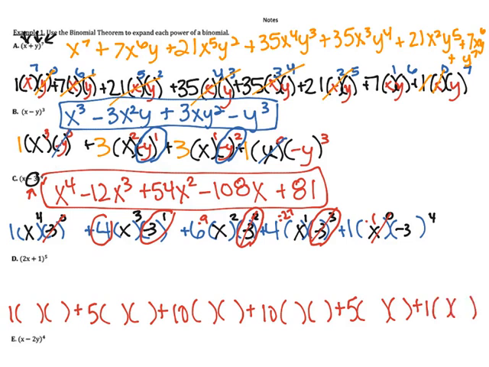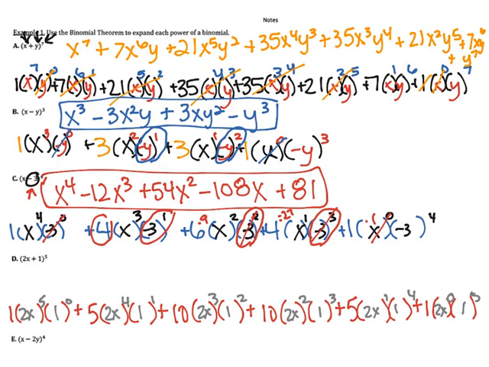And then our values for our x are 2x, 2x, 2x, 2x. And our value for y is 1. And then we'll use our powers of 5, 4, 3, 2, 1, 0.